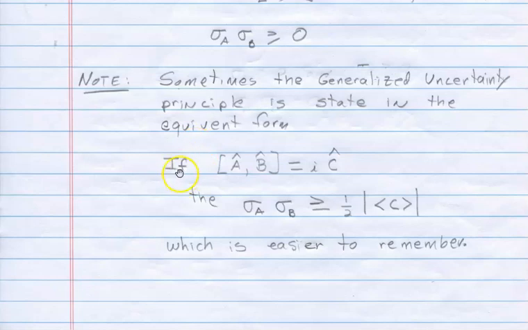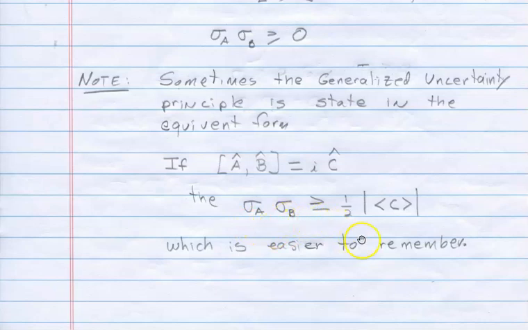In this form for this generalized uncertainty principle, if the commutator of A and B is equal to i times a Hermitian operator C, and if these two are Hermitian, this will all be Hermitian. So i times this C.